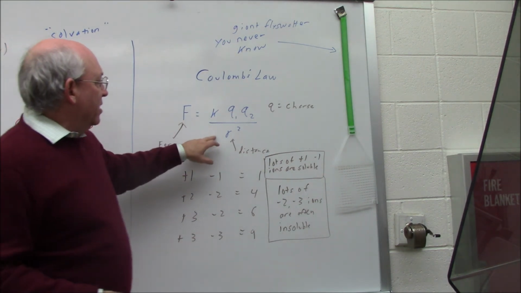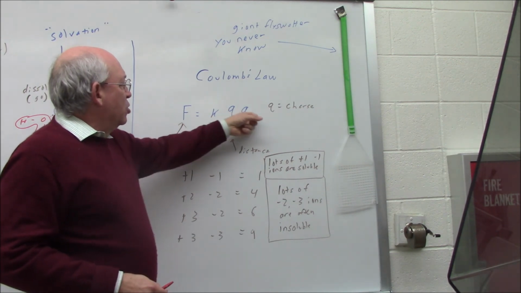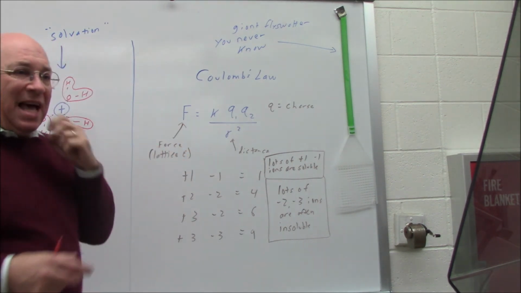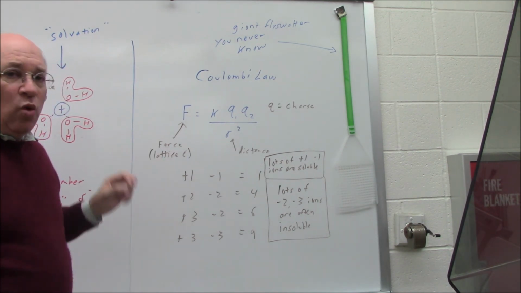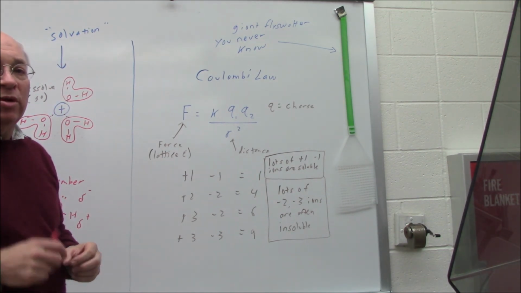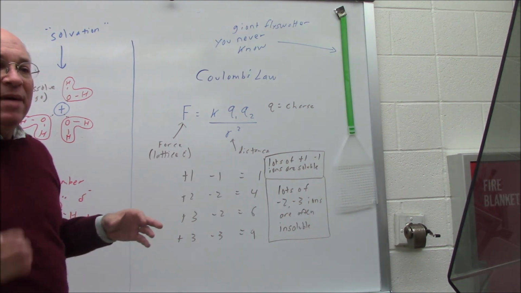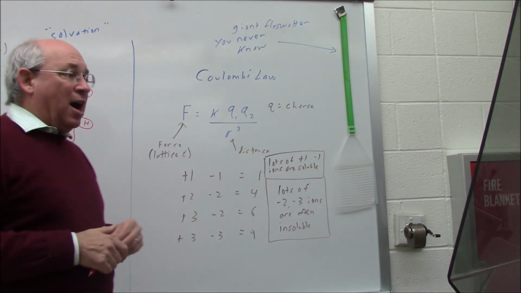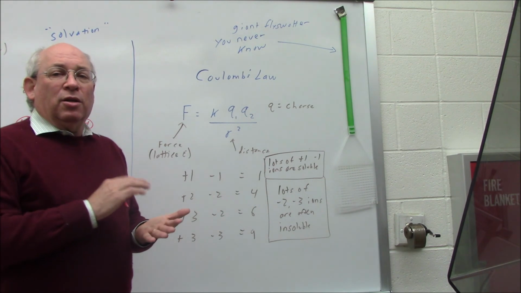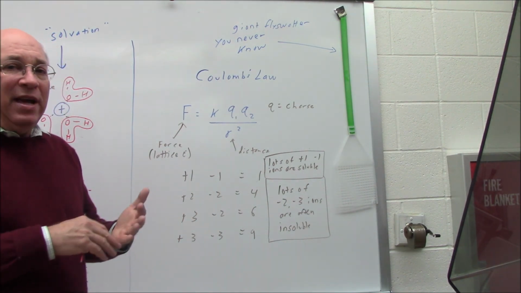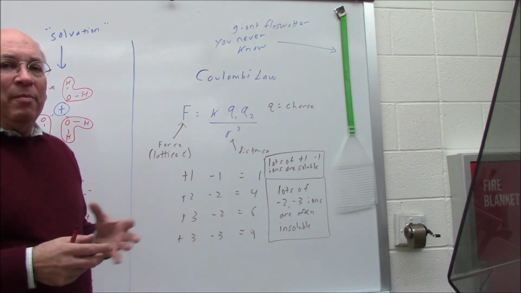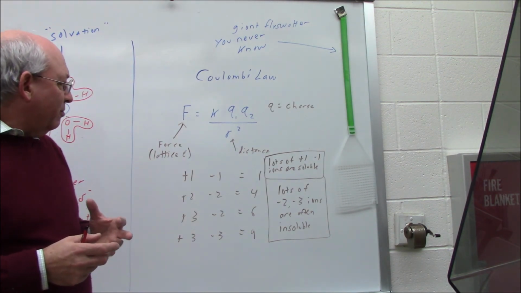So if you look at this, the bigger the charges, the stronger the lattice energy. And that's why a lot of the ions that are +1 and -1 tend to be soluble: nitrate, sodium, potassium, ammonium, acetate. But many of the ions with larger charges, carbonate, phosphate, sulfate, have many compounds that are insoluble.